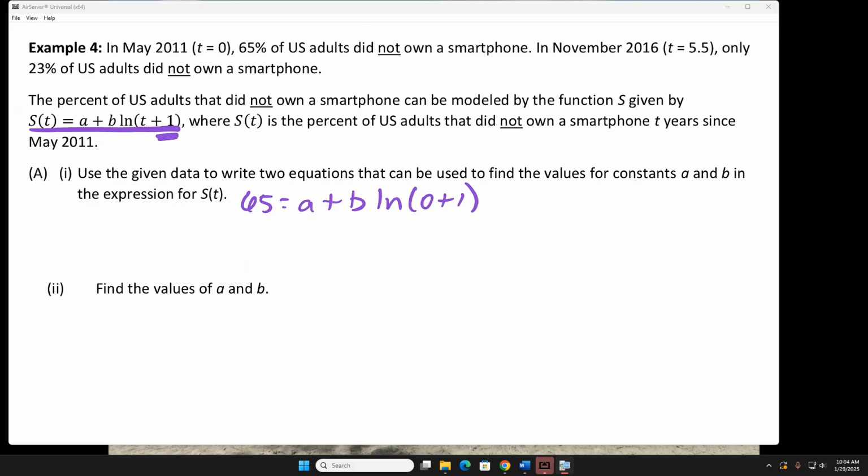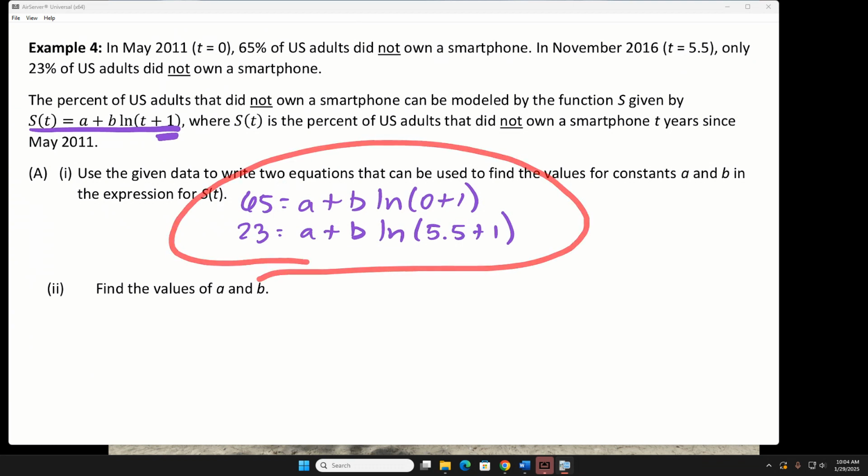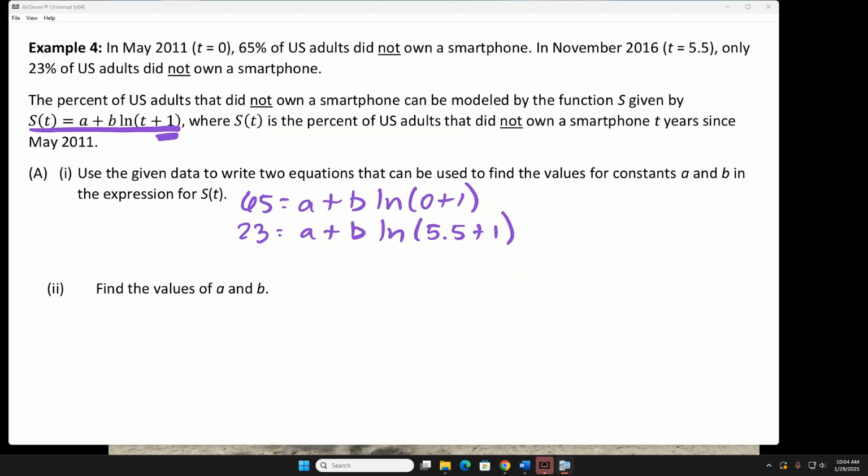And then the other one, it tells you t is 5.5 and it's 23%. Now, if you go ahead and add the 1 on that step, it's fine. Like, you don't have to. If you write it exactly like this, you get the point. But if you add the 1, you still get the point. We have to add it eventually.